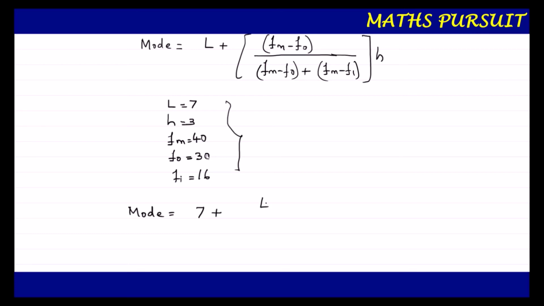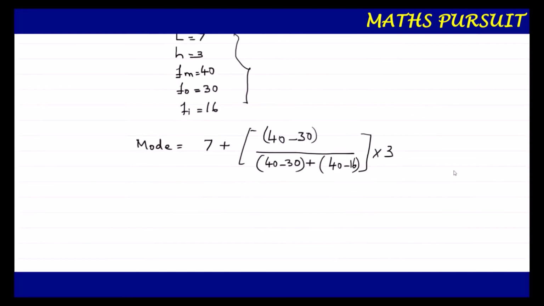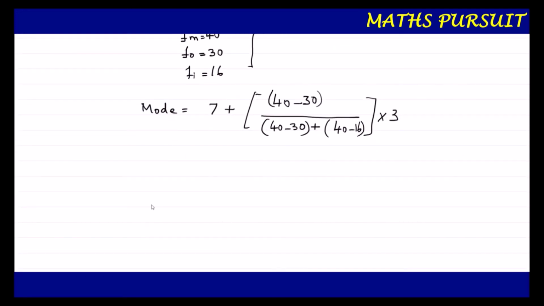Fm here is 40, 40 minus 30, F0 is 30, upon Fm minus F0 again, that means 40 minus 30, plus Fm minus F1, that means 40 minus 16, into class height, that is 3. So we can easily now solve this equation and find the mode.